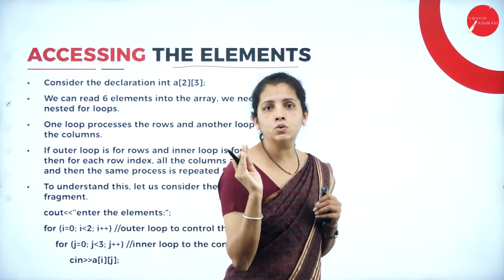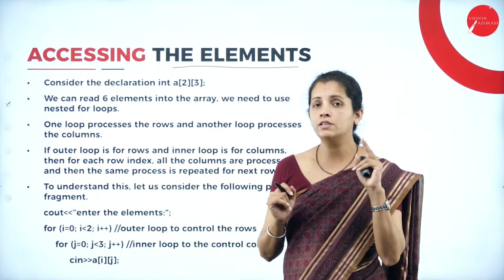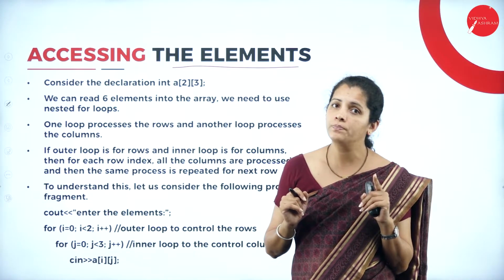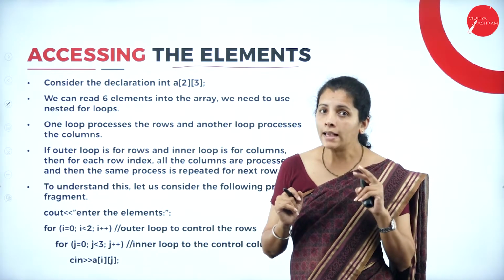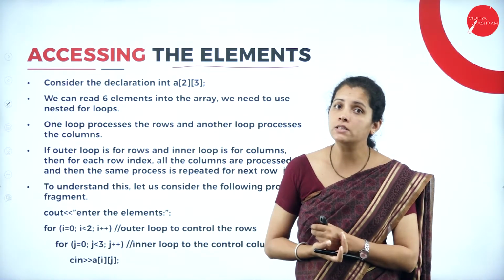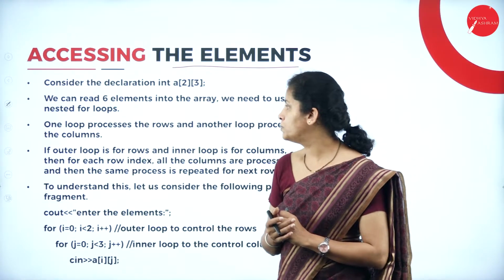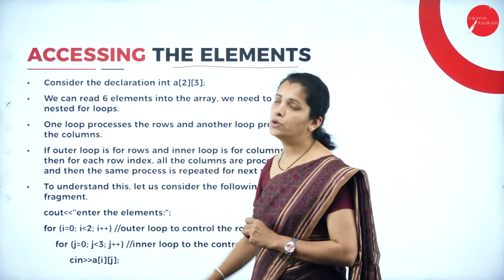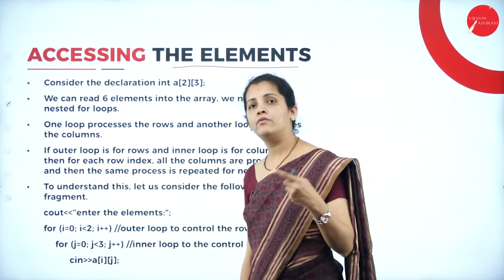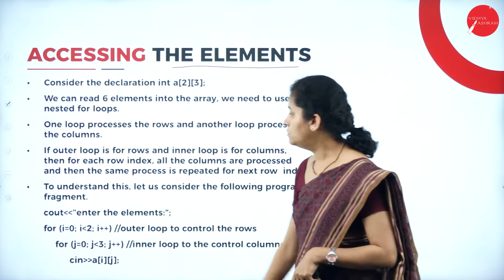In a two-dimensional array I have two indices, one for row and one for column. To access elements stored in a two-dimensional array, I require two for loops, one for row and one for column. Now, see here.